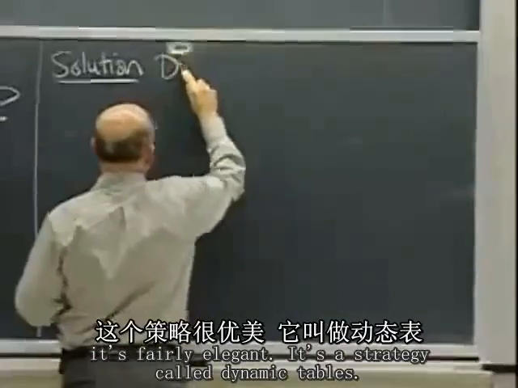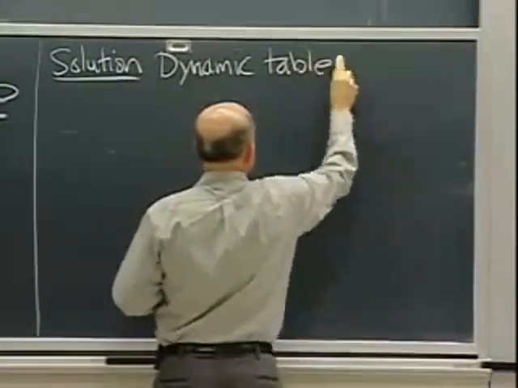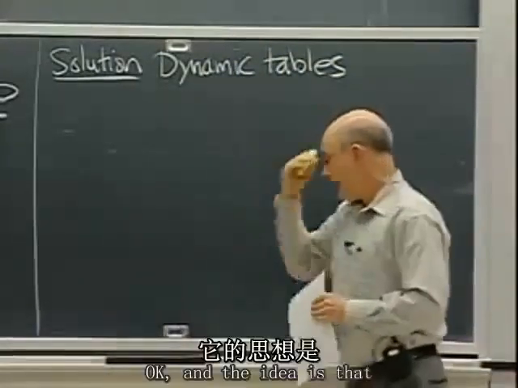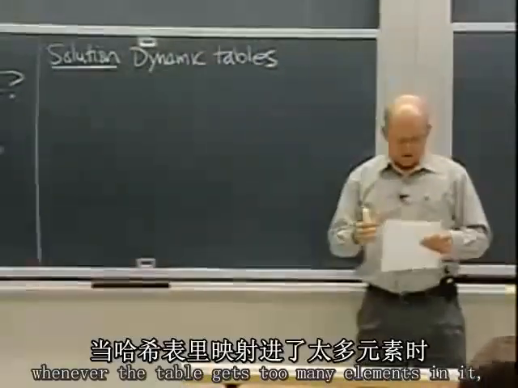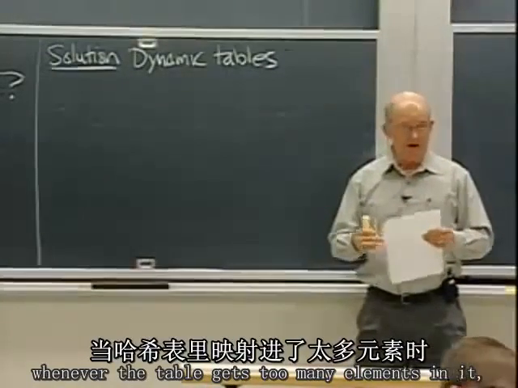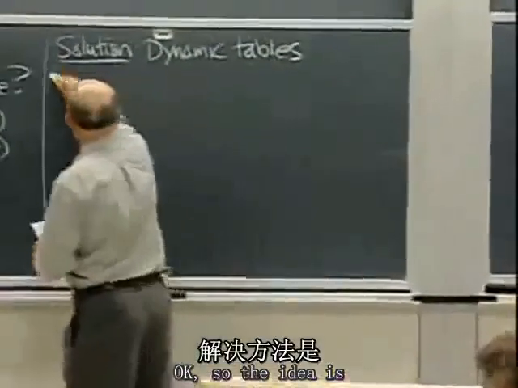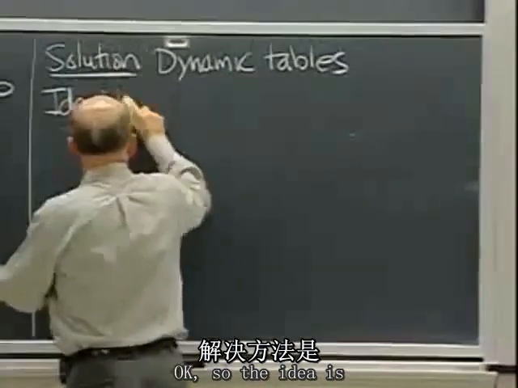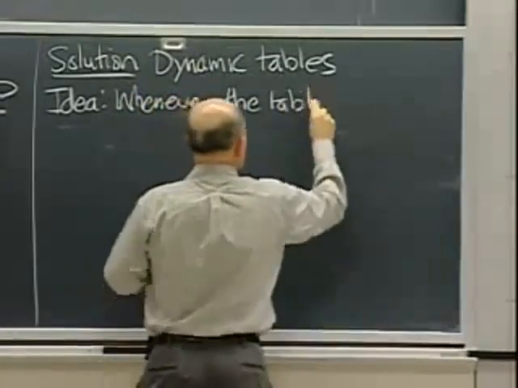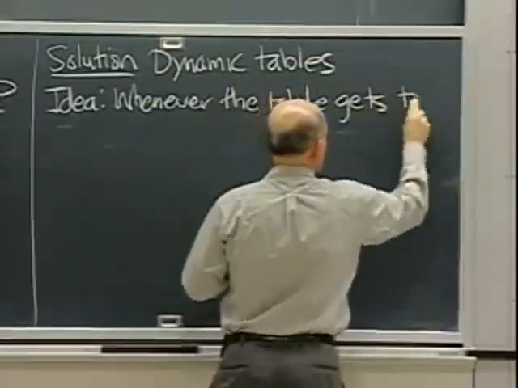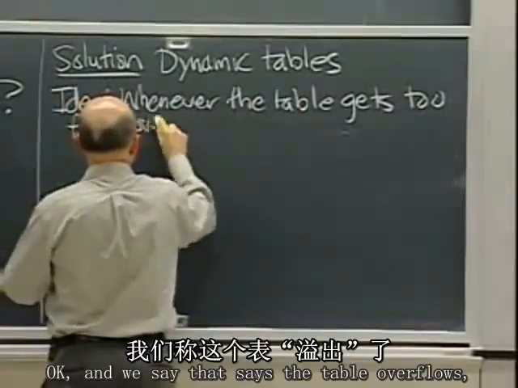It's a strategy called dynamic tables. And the idea is that whenever the table gets too many elements in it, gets too full, we say that the table overflows.